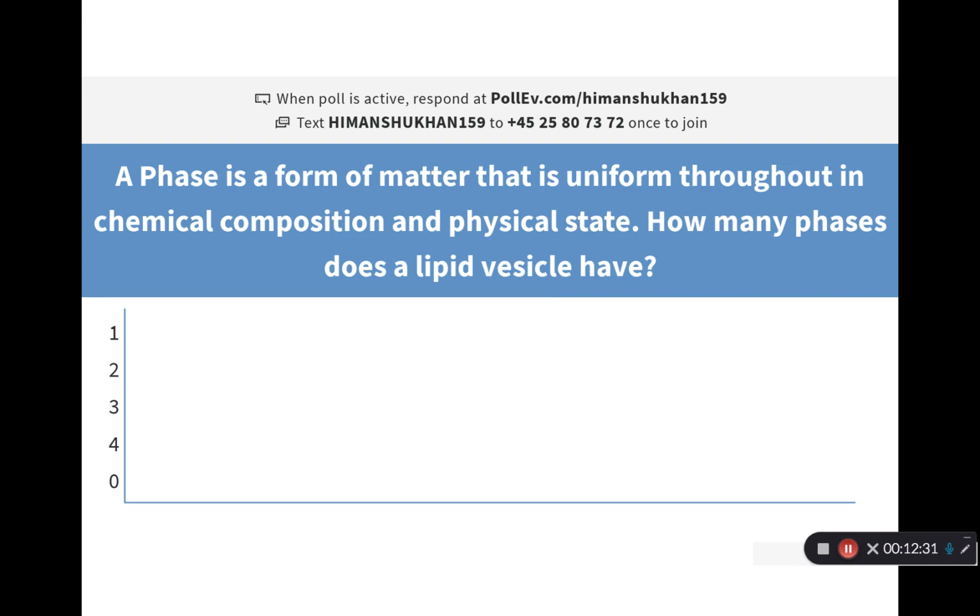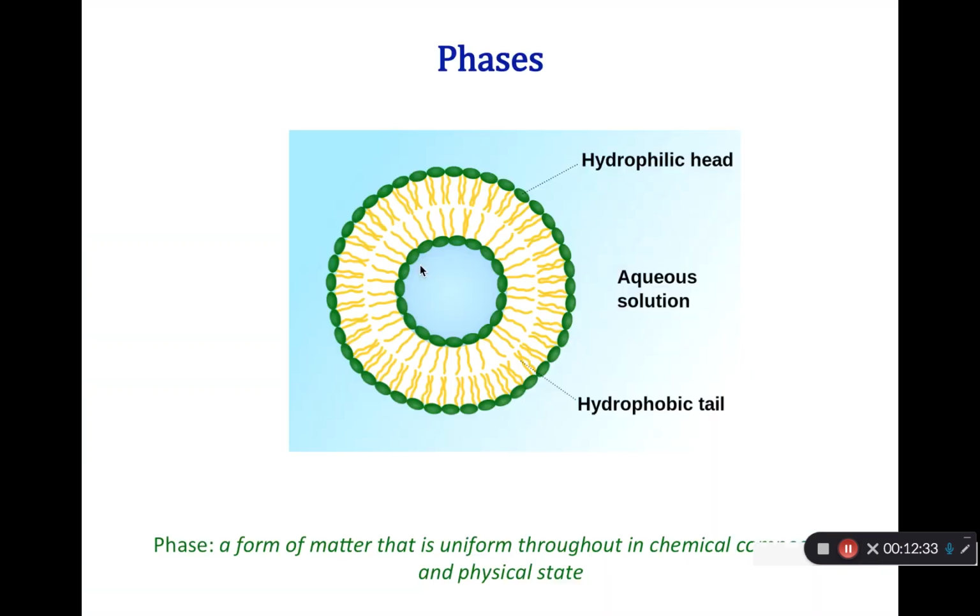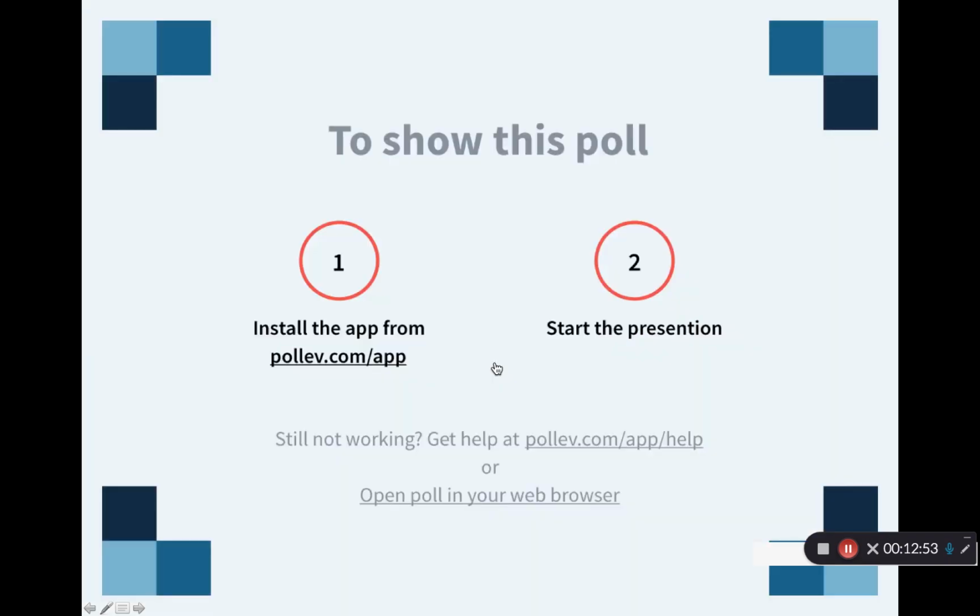The answer is that it has two phases. One phase is the lipid bilayer phase, and the other phase is the water inside. All the water inside, except that at the boundary at the interface, has the same chemical composition and the same physical state, macroscopically measured, and the same is true for the membrane.